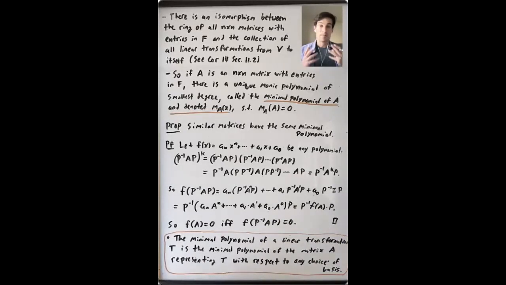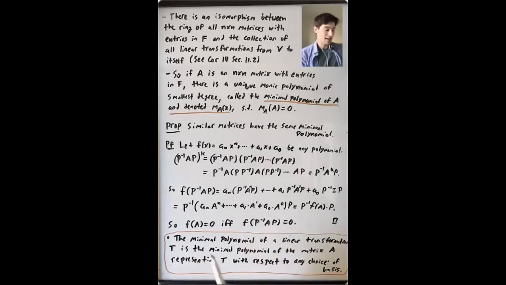So what are we seeing? You start with a linear transformation. You have a minimal polynomial. You choose a basis for this vector space V, and you get a matrix of that linear transformation with respect to this basis. You could change the basis and get a whole bunch of different matrices, but they're all similar to each other. So all of those matrices have the same minimal polynomial.